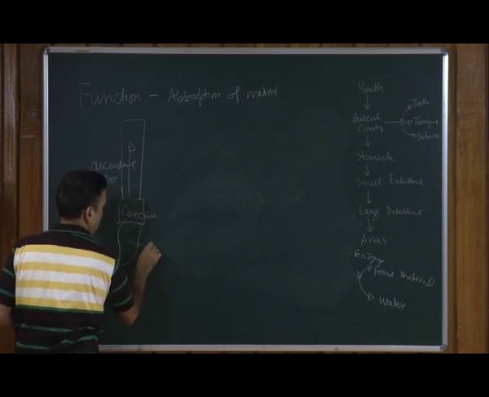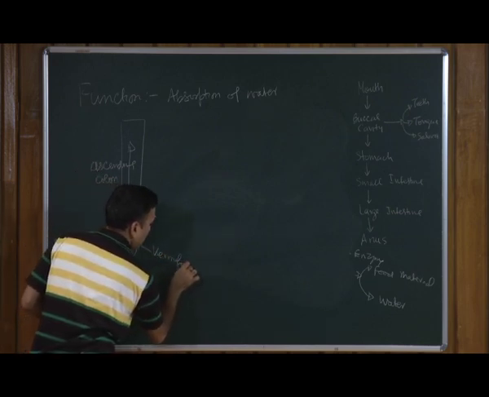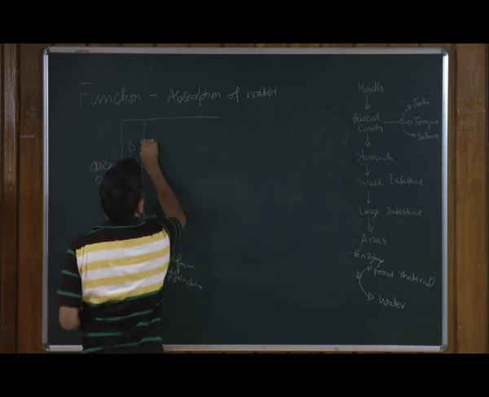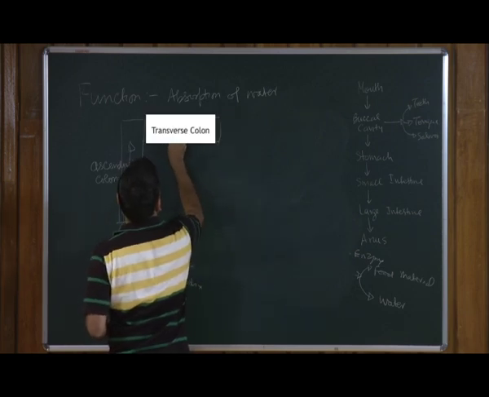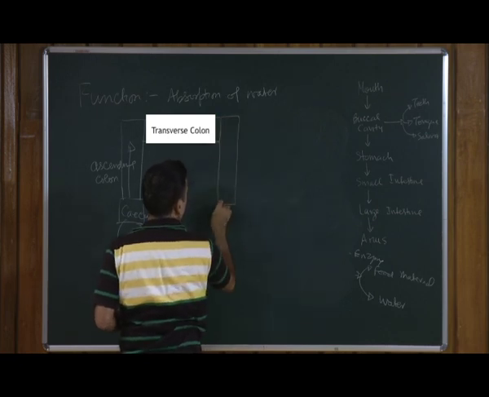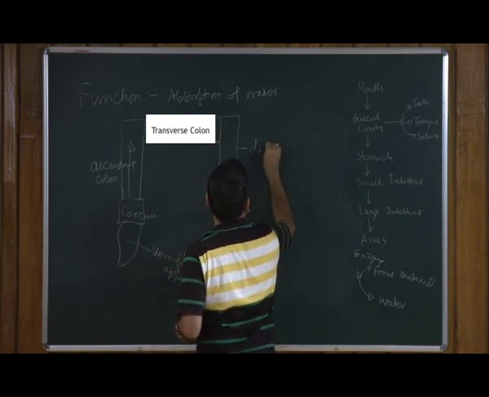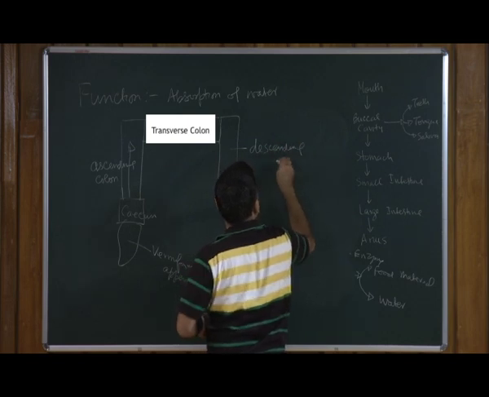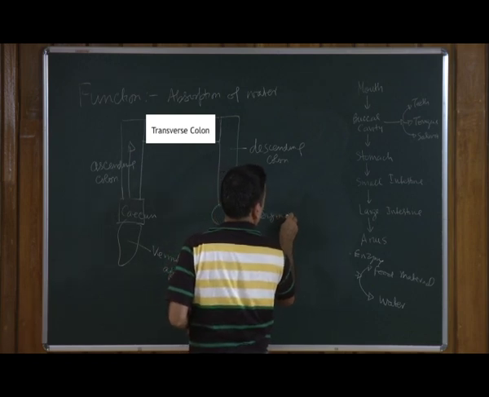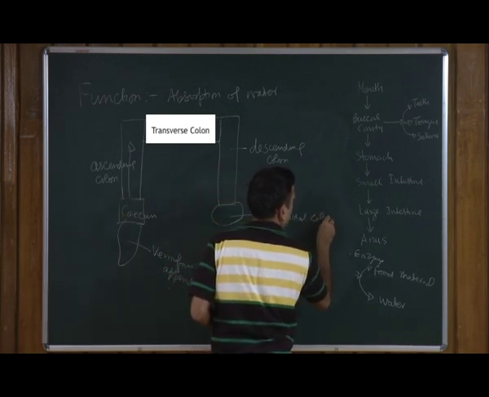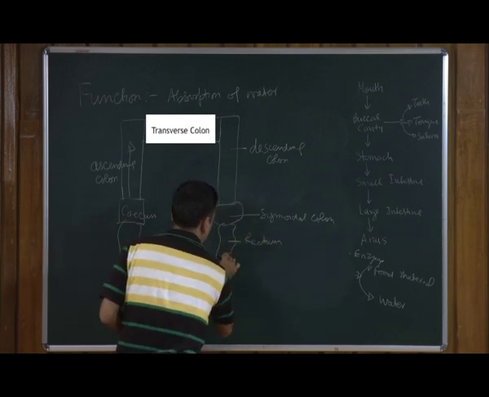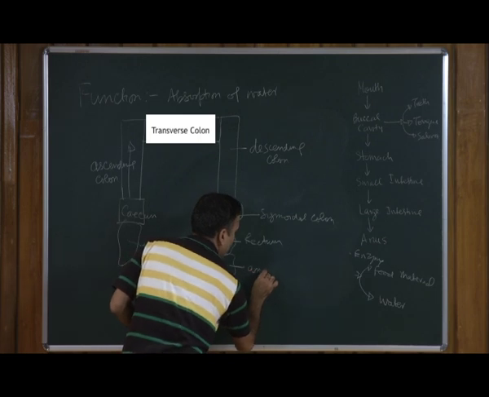The cecum is attached to the vermiform appendix, then this is connected to the transverse colon, connected to the descending colon. The descending colon has the sigmoidal colon, and that enters into the rectum, and then you have the anus.